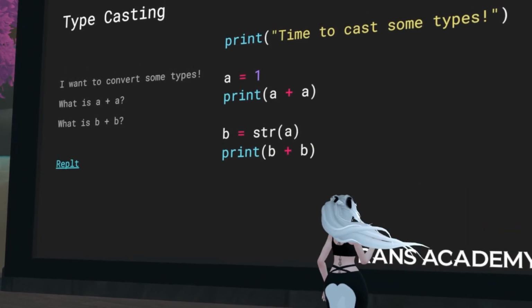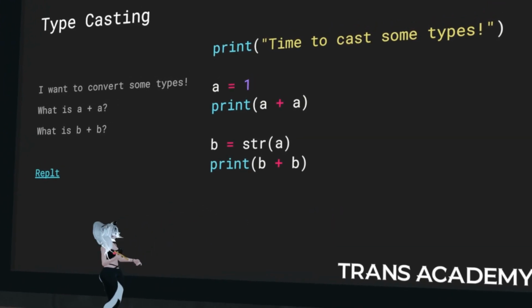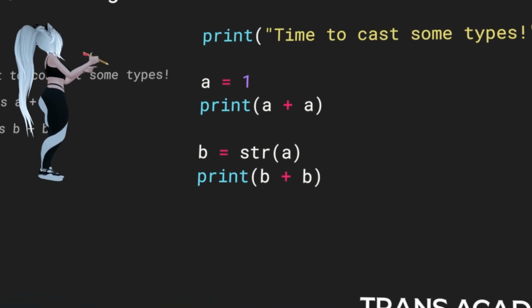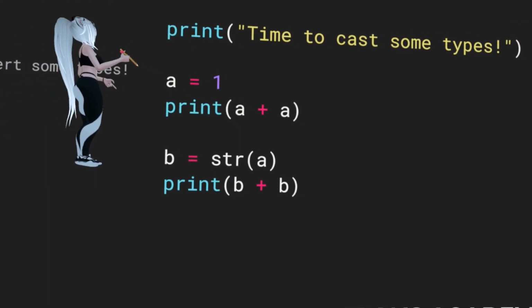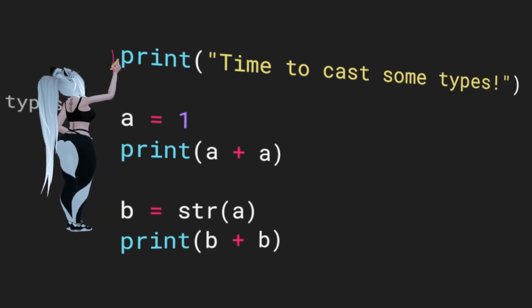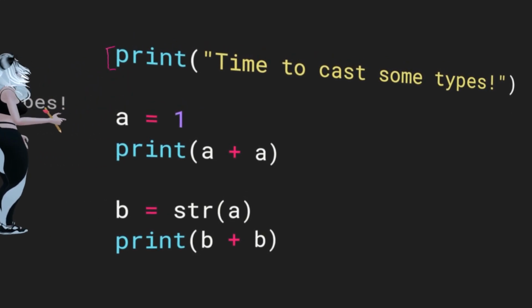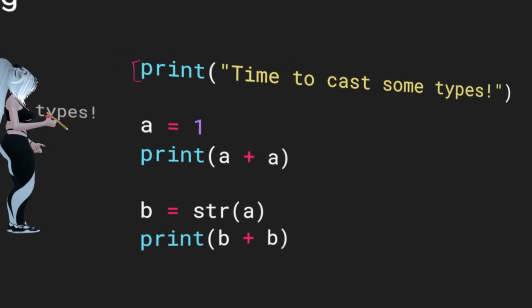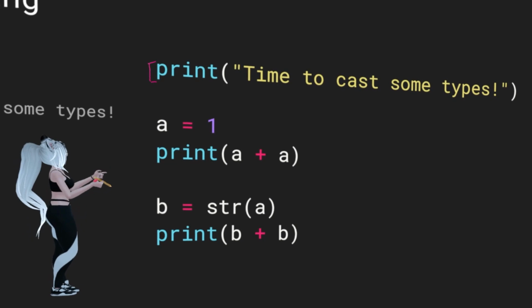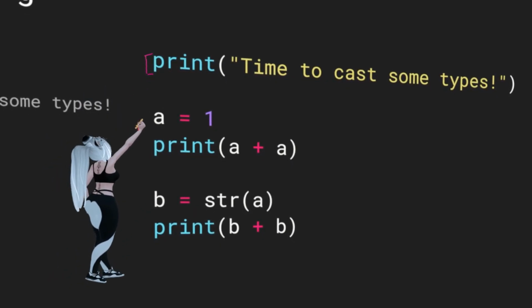Okay. So, if I were to run this code, right? All right, so if I were to run this code, the first call is going to be this part up here. It's going to be the time to cast some types, right? The next line executed is going to be a equals 1.